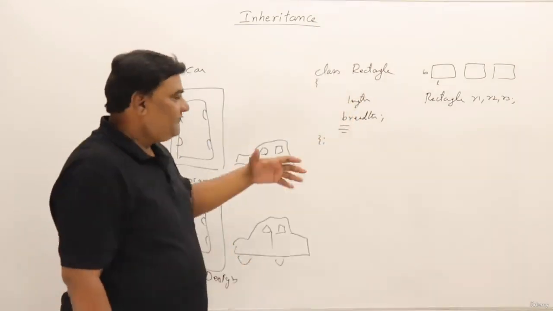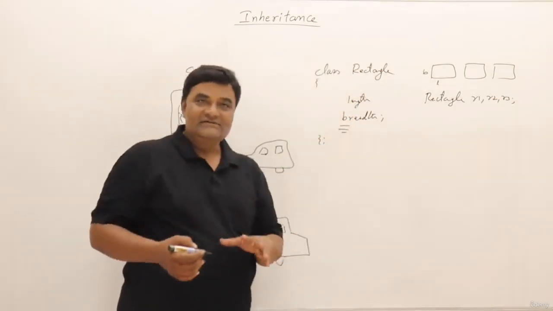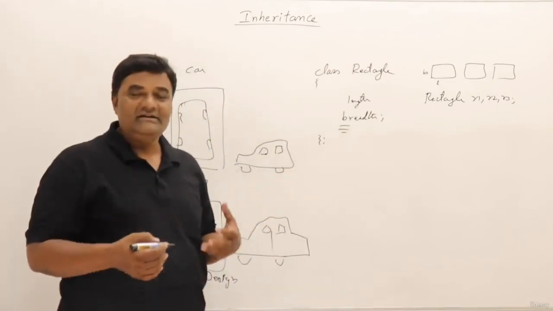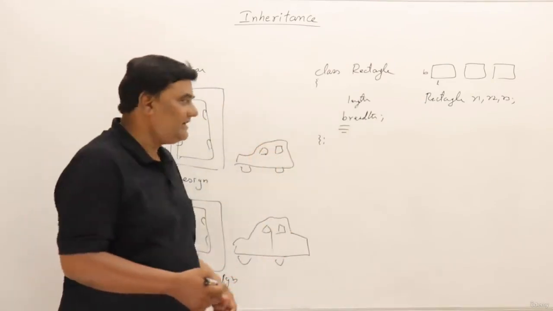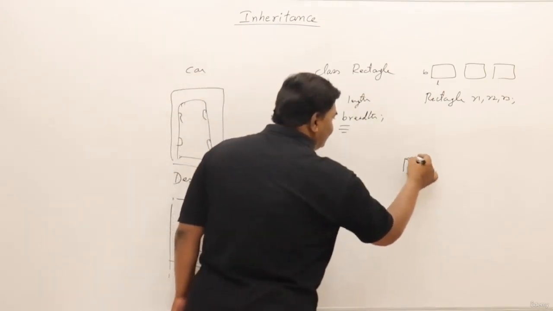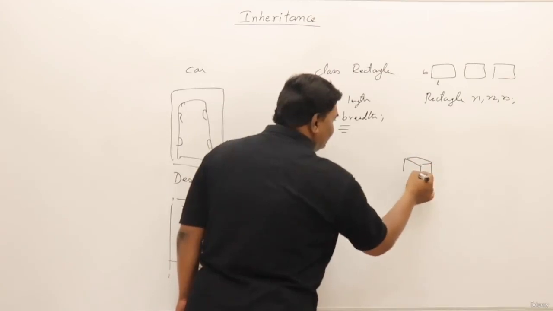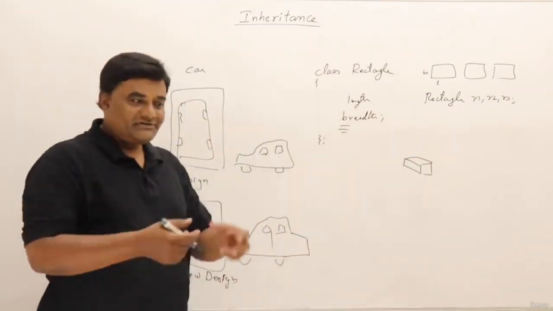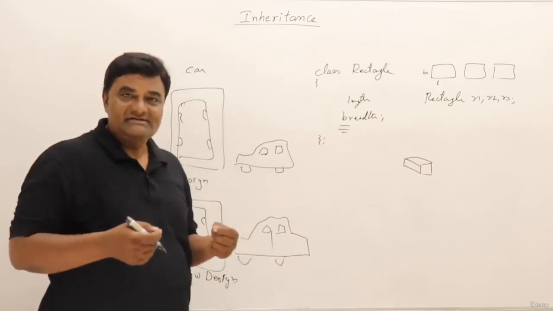Now we want to write another class which has the same features as rectangle. So we don't have to rewrite the code that was already there in rectangle. I can simply write a class. Suppose I want to write a class for a cuboid. Cuboid is nothing but a rectangular shape, but which also has one extra dimension, that is height.